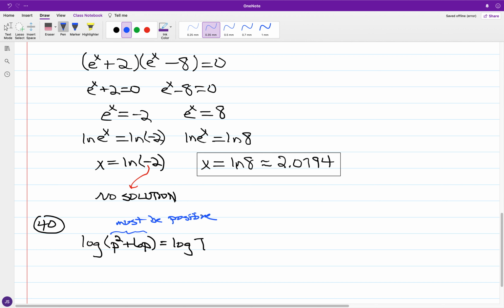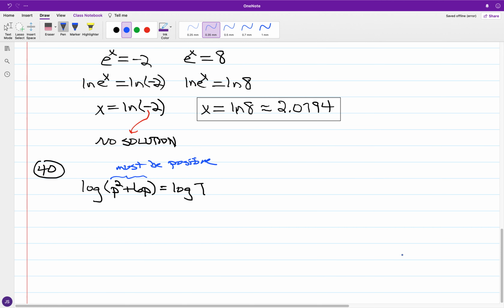If you notice, both sides are in the same base, and I can go ahead and set the arguments equal to each other. So I have p squared plus 6p is equal to 7. Now we have a quadratic equation.